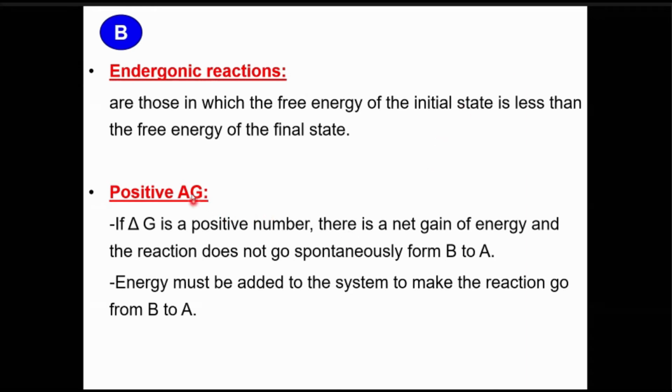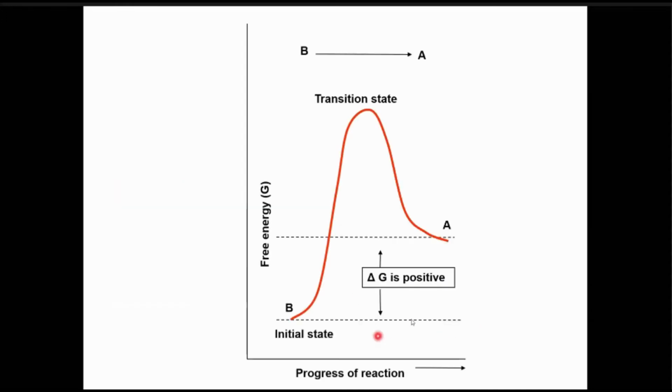The delta G, the change in free energy, is positive. So it needs energy. The reaction does not go spontaneously, and we need to add energy to the system. System means the reaction, to make the reaction go from A to B. So if you want to go from A to B, the opposite, we need to add energy. So you have 4 points to memorize.